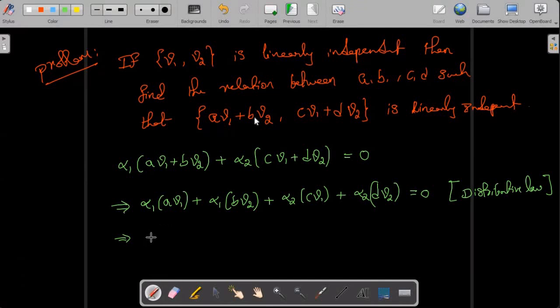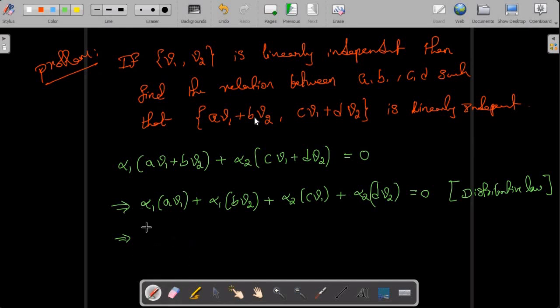It's like alpha 1 A V1 plus, using the associative property of multiplication and also the commutative property of addition, and again using the distributive property.